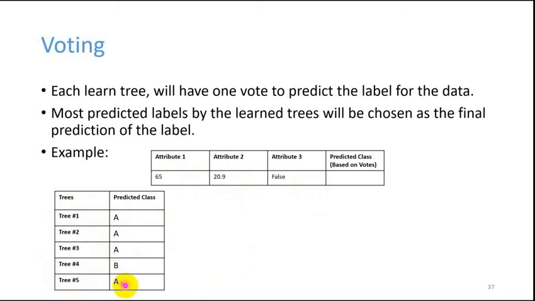And the final prediction of the whole ensemble learning method will be the label that the majority of the trees predicted. For instance, here, 4 trees voted for A, and 1 tree voted for B. So the final prediction would be A.